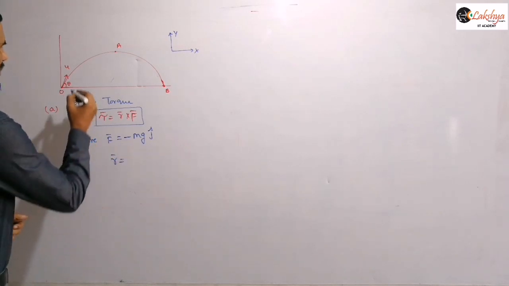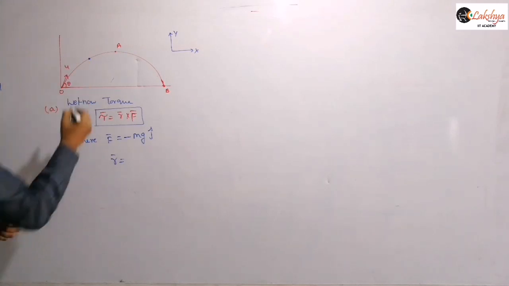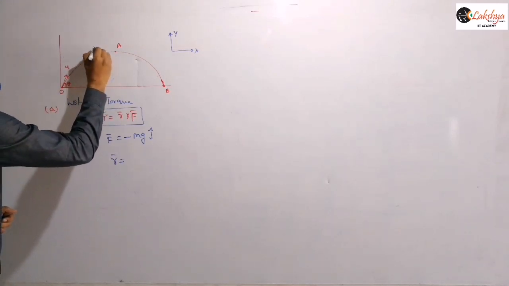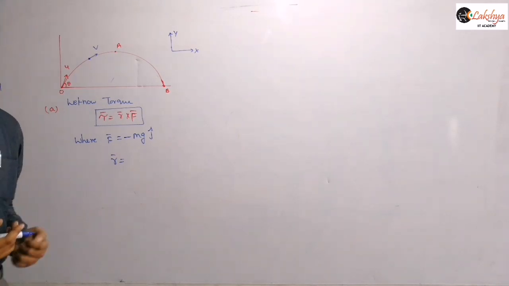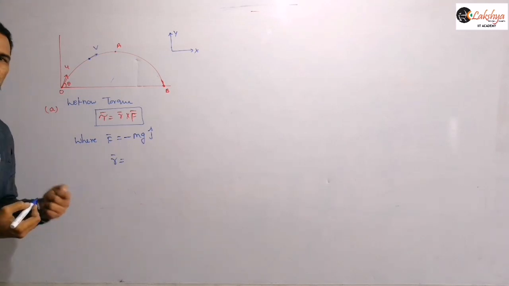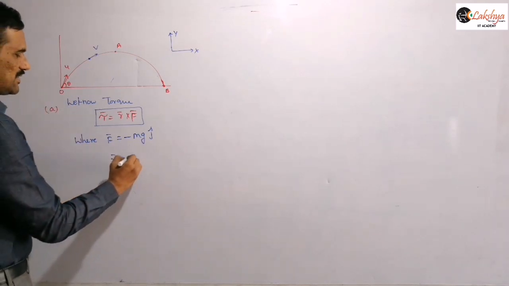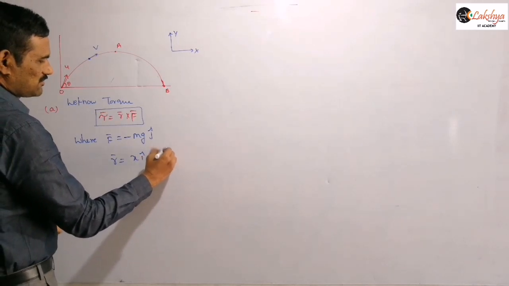For example, I am taking the particle somewhere at any instant of time, having some velocity along this direction here. Then its position vector in projectile motion at any time, you can write simply as x i cap plus y j cap.